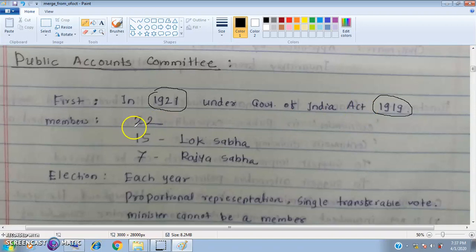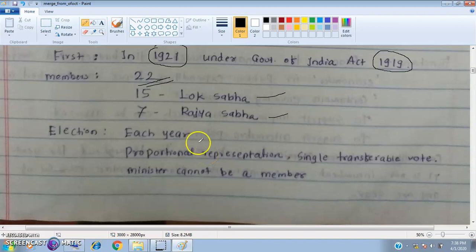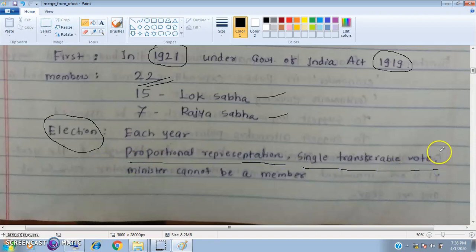This committee consists of 22 members, of which 15 are from Lok Sabha and 7 are from Rajya Sabha. These 22 members are elected. So it is not a nominated committee, it is an elected committee. And the method of election is proportional representation with single transferable vote. We have seen what we mean by proportional representation and single transferable vote.